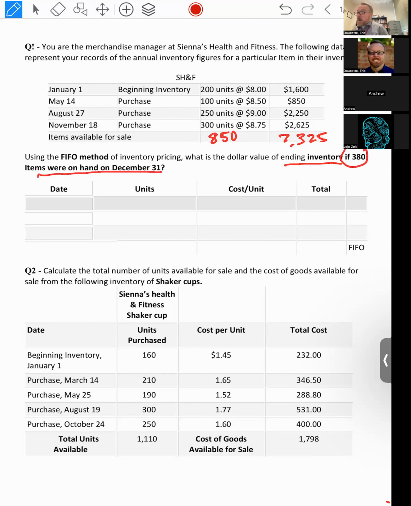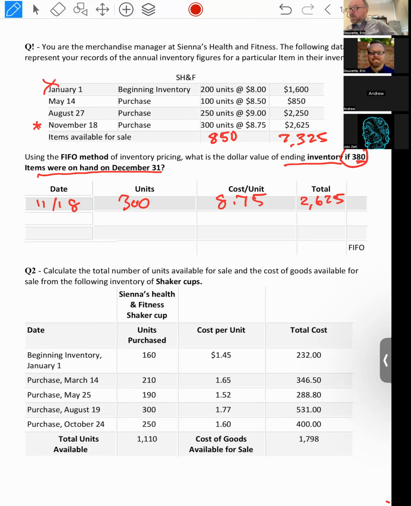So I already know these ones were sold first, right? So I'm going to start from the bottom because these are still here, right? Anything that's still there, the last ones I put in are going to be still there. So 380, well, I have 300 right there. So date, let's put 11/18, 300 units at $8.75 per unit, came out to $2,625. So those are still there, but then I have 380 units.